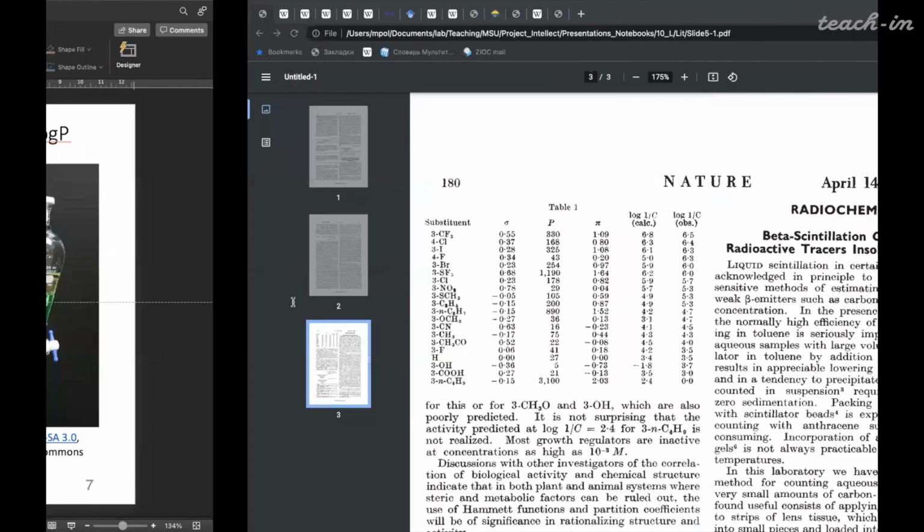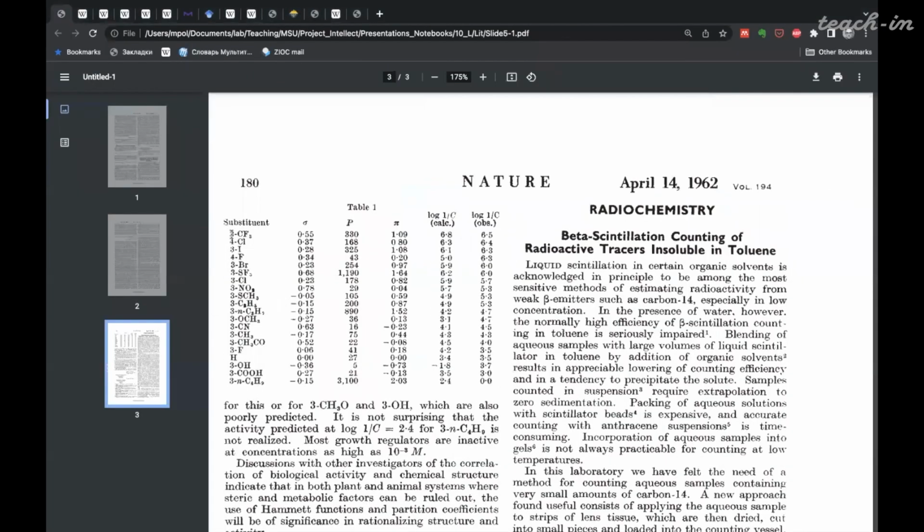Furthermore, in this article, a very specific type of compounds was considered. So here, the applicability domain of this model will be really narrow. So on the applicability domain, I will say several words later.